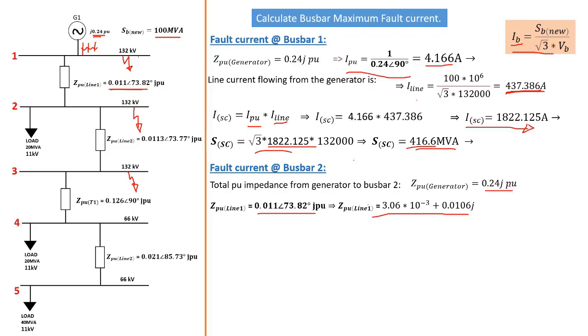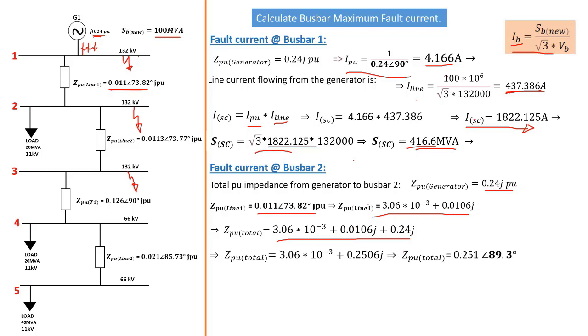We may also convert this to polar form and add it together with the polar form impedance of the line. Moving on, the total Z per unit from the generator through line 1 will be equal to this, and that gives us a total Z per unit of 0.251 with an angle of 89.3 degrees.